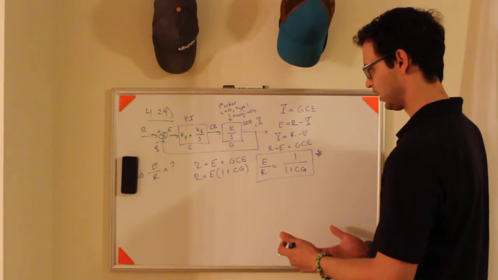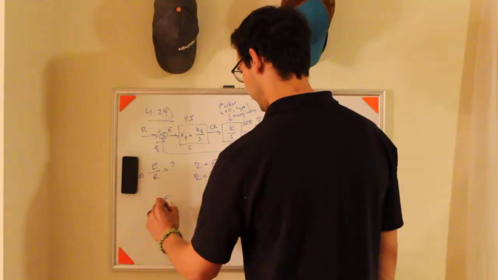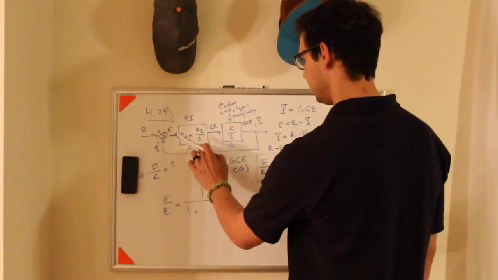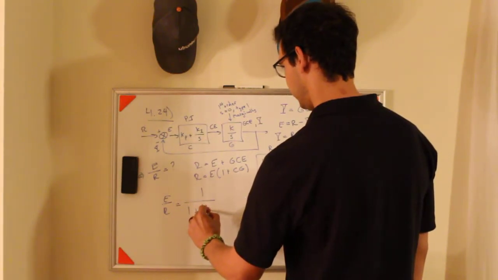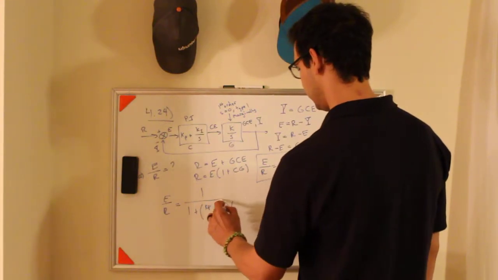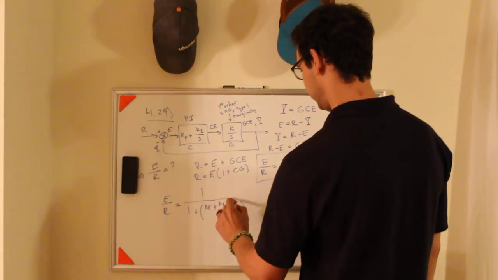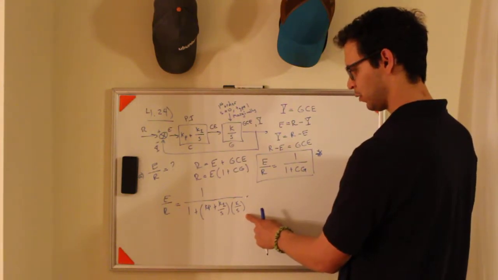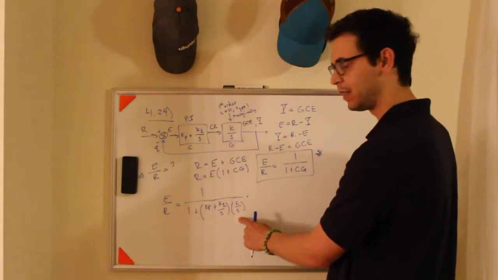So now I've got a formula, which means E over R equals 1 over 1 plus C, which is Kp plus Ki over s, and then G, which is K over s. And then I need to multiply by s squared to get rid of the s's down here.